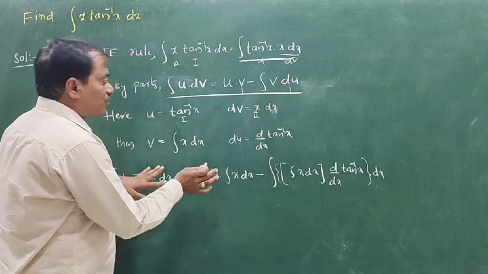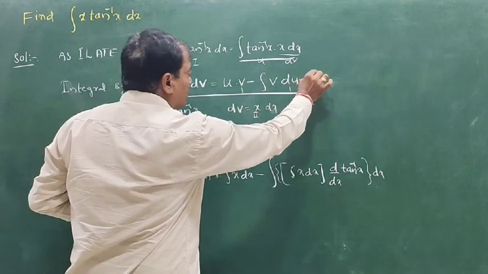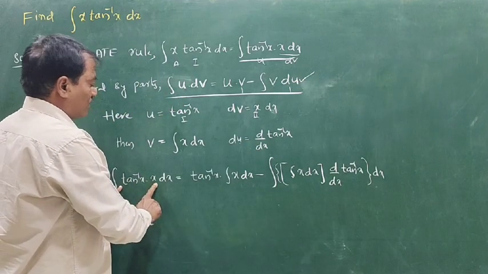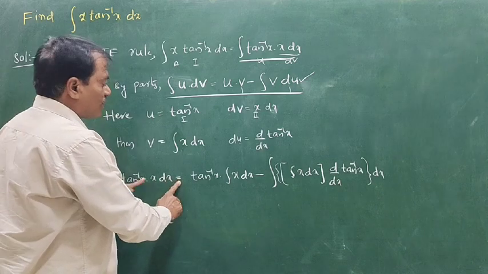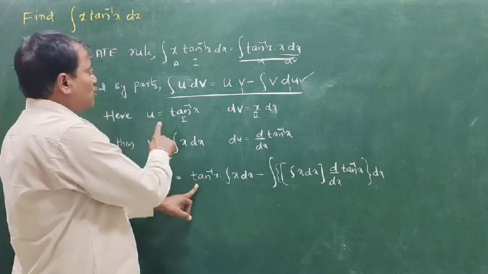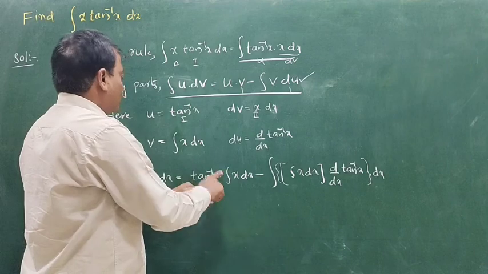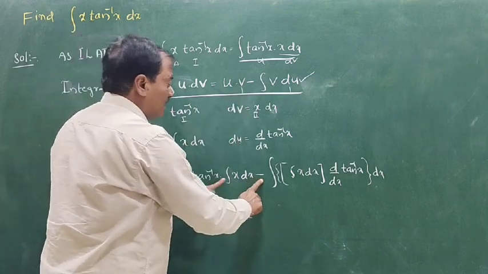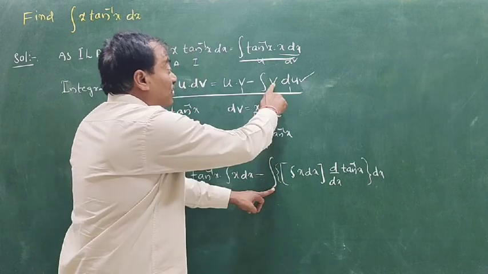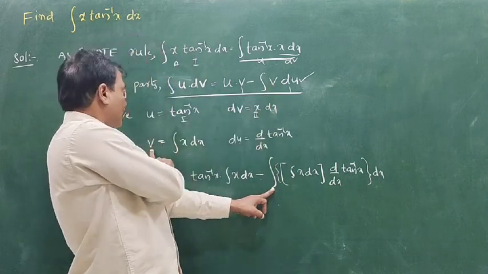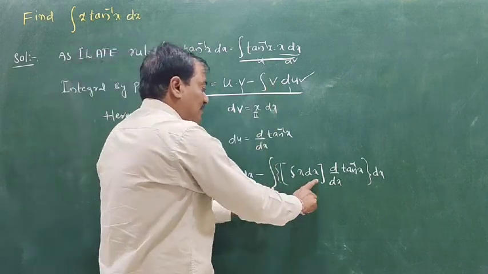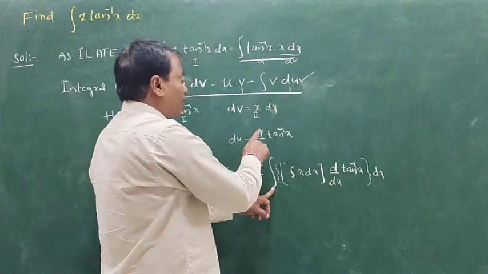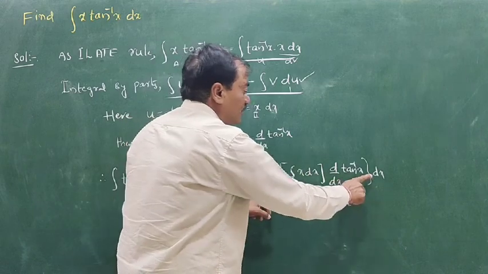Now we substitute these values in this equation: the integral of tan inverse of x into x dx equals, first we write u, which is tan inverse of x. Then we write v, which is the integral of x dx, minus the integral of v, where v is the integral of x dx, and then we write du, which is the differentiation of tan inverse of x into dx.